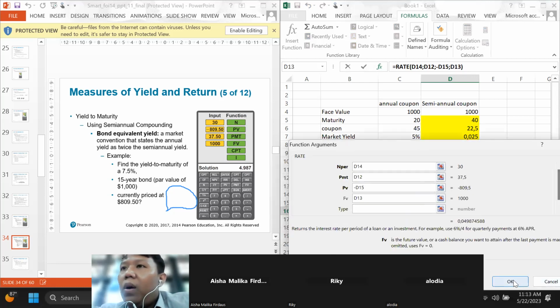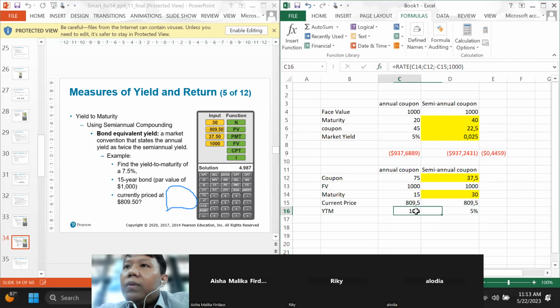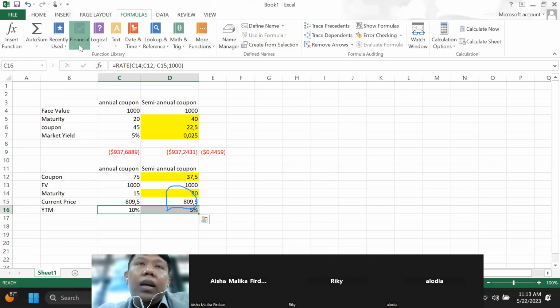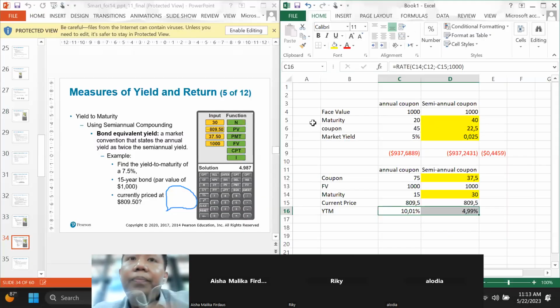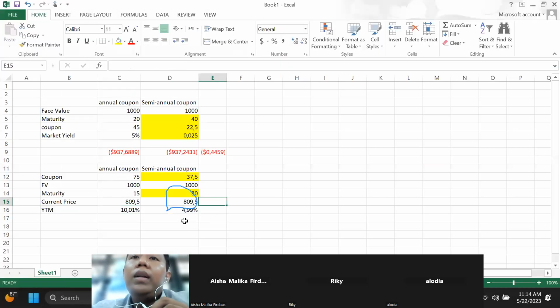Now you click OK, and you will notice that the yield to maturity is 4.99.